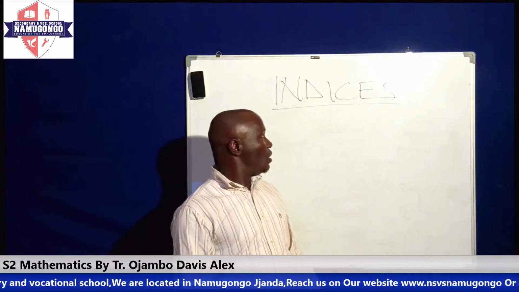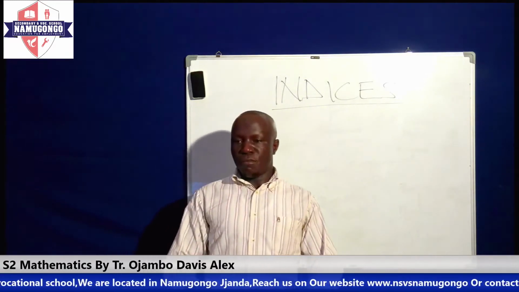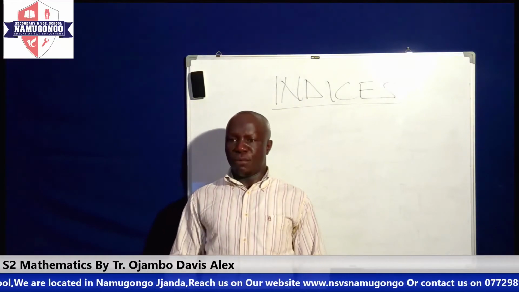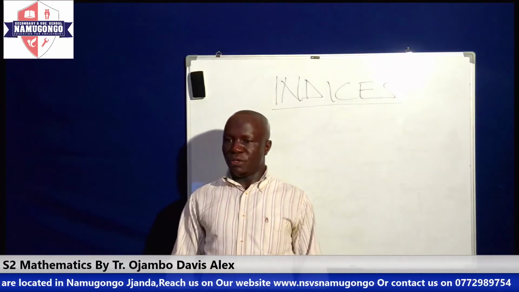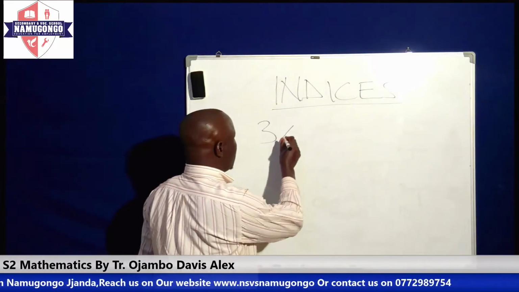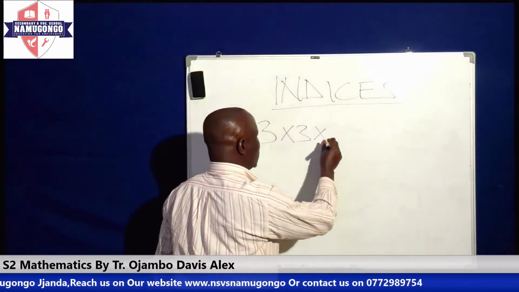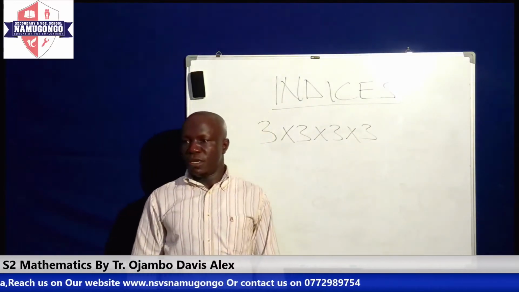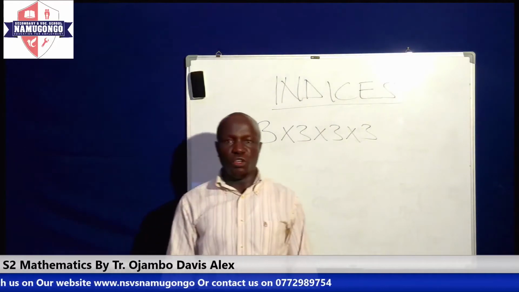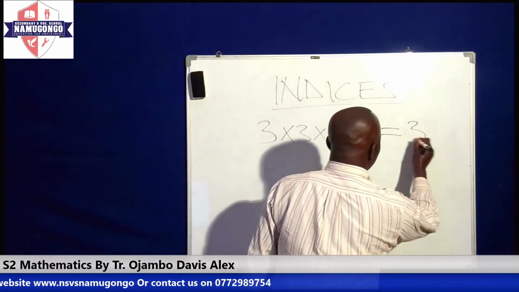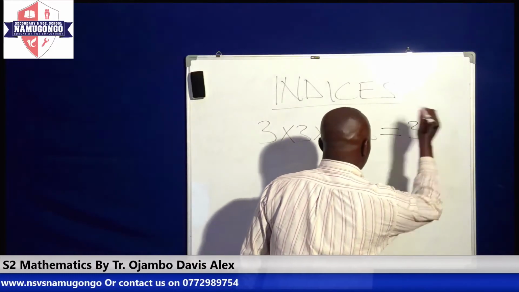So when we are looking at indices, we basically look at expressions. For example, when we have an expression like 3 times 3 times 3 times 3, this expression can be written in short form as 3 raised to the power of 4.